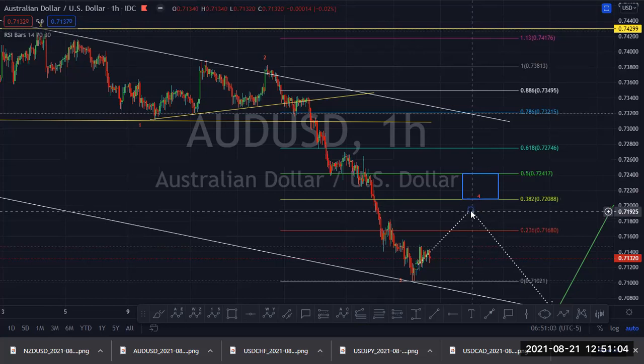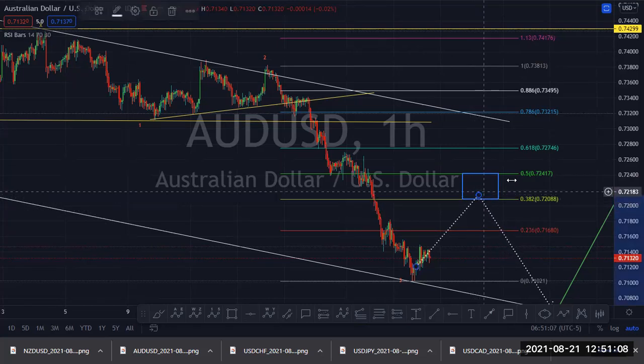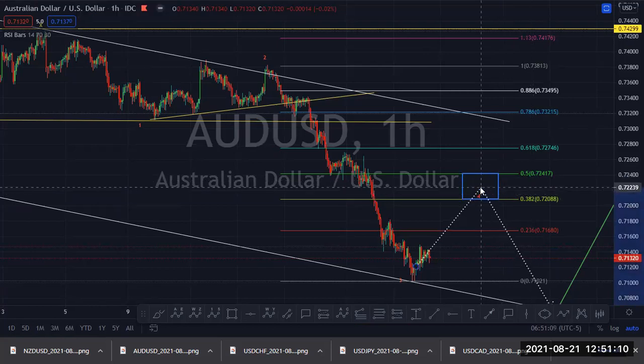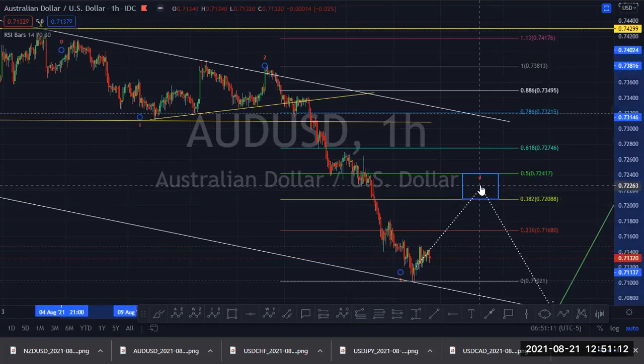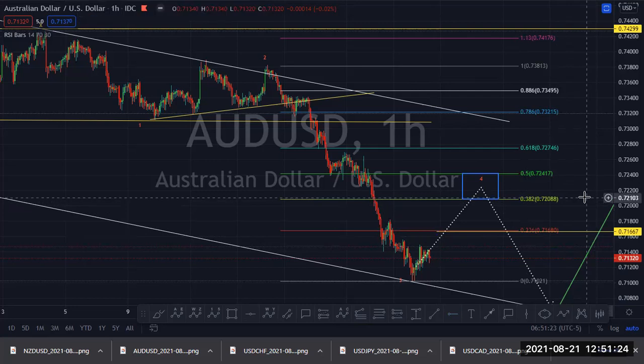A normal wave 4 is supposed to come to 38.2, but as I always say, not a must. A shallow one can end here. Let me put a line here. A shallow wave 4 can end here. But a normal one, we always do something like this.